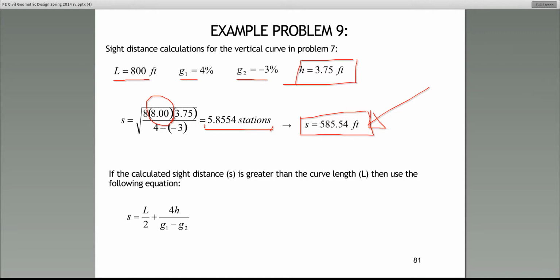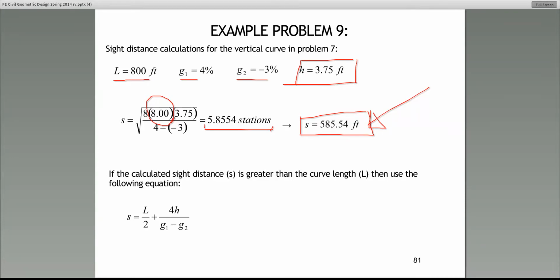So we calculate that, and then they may say, is this curve safe? Well, this is how you decide. If this S value that we just calculated is smaller than the length of the curve, then that curve is indeed safe. Now, this S came out to be 585.